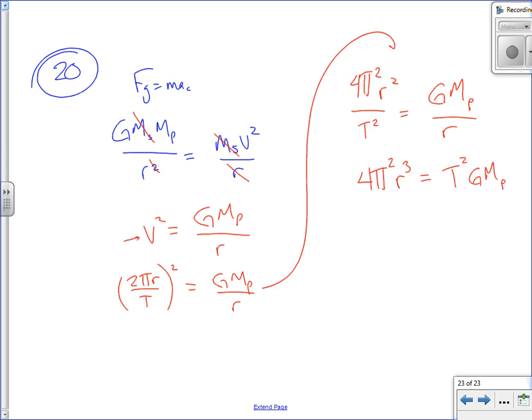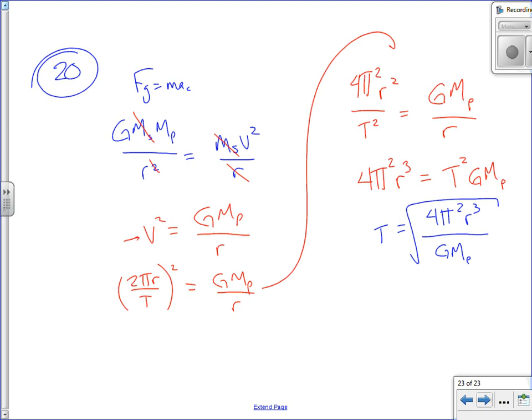Kepler's third law says, and it's a mouthful, the square of the average orbital period of any planetary orbit is directly related to the cube of its semi-major axis. Yeah, Kepler's third law. So if we want an expression for T, it's going to be the square root of 4 pi squared r cubed over G mass of the planet.